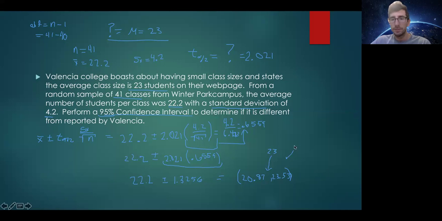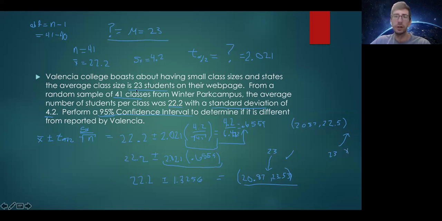So it aligns with the confidence interval we've created. If our confidence interval was 20.87 to 22.53, this does not include 23. 23 is greater than 22.5, so it's outside of our confidence interval.